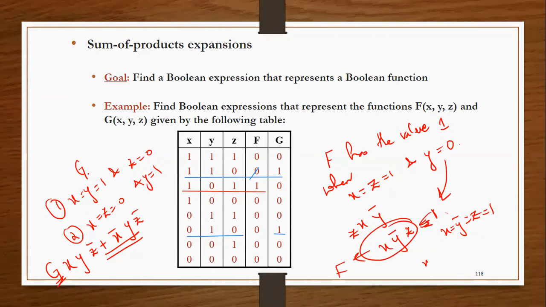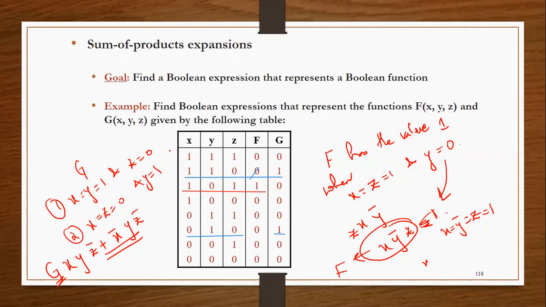Why are we adding these two products? Because g has 1 in two places. So the Boolean sum of these two products represents g because it has the value 1 if and only if x is equal to y is equal to 1 and z is equal to 0, or x is equal to z is equal to 0 and y is equal to 1.